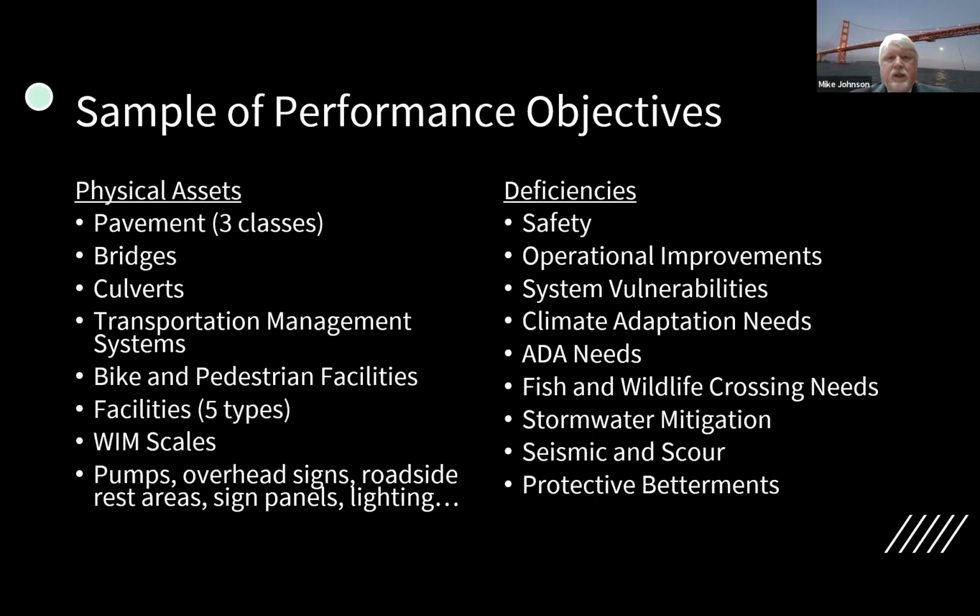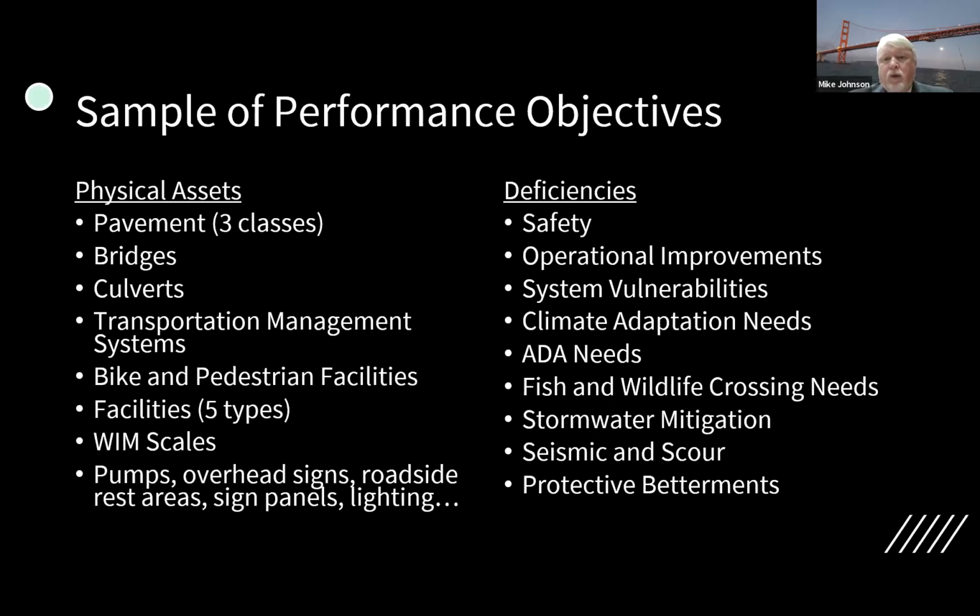System vulnerabilities that exist, things like geotechnical slides, bridge scour, bridge seismic, climate adaptation needs like sea level rise, coastal cliff retreat, wildfire. All of those are again deficiencies of the system.